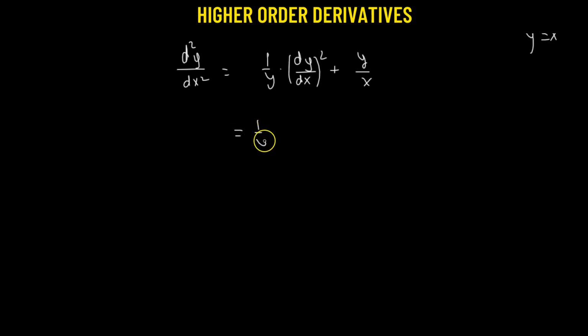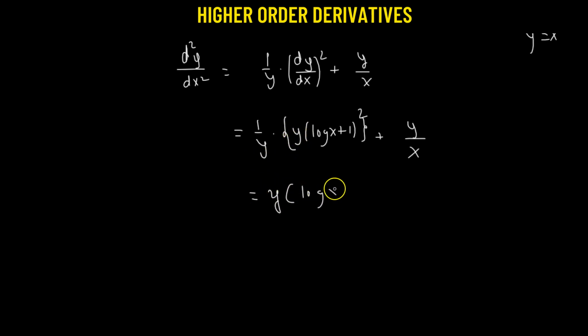So we have 1 over y multiplied by y times log of x plus 1, squared, plus y over x. So here we have y squared over y, which will be simply y times log of x plus 1 whole squared plus y over x. So this is the value of the second derivative of y with respect to x, and we can take y as the common factor.